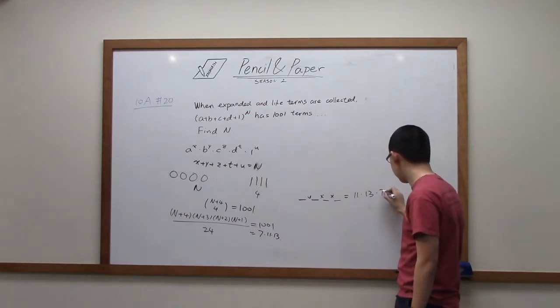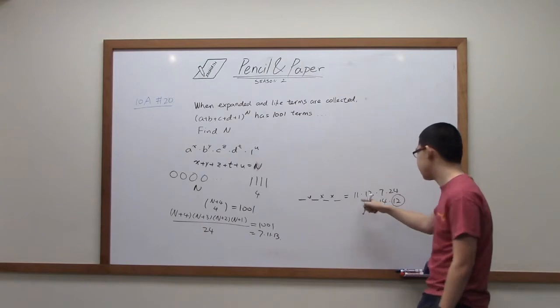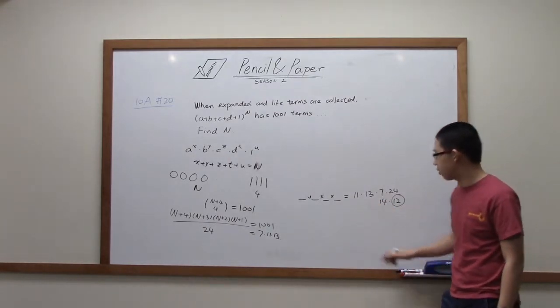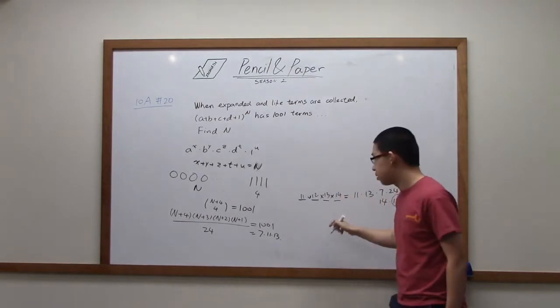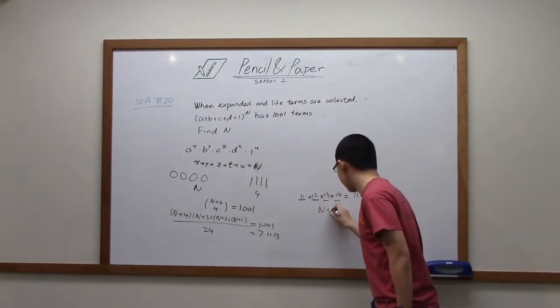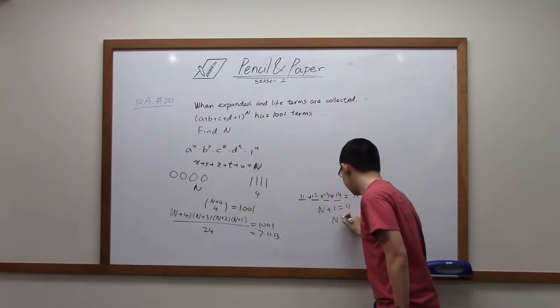We want 7 to be 14, so we write it as 14 times 12. And 12 is right between 11 and 13, so we're good. So we have 11, 12, 13, 14. So n plus 1 is 11, and n equals 10.